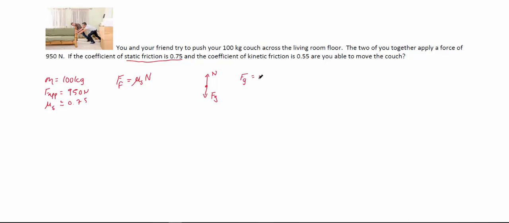Force of gravity is equal to mass times the acceleration due to gravity, which is 100 times 9.8, 980 newtons, which means the normal force is also 980 newtons.